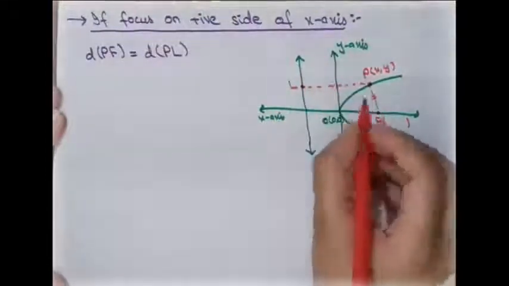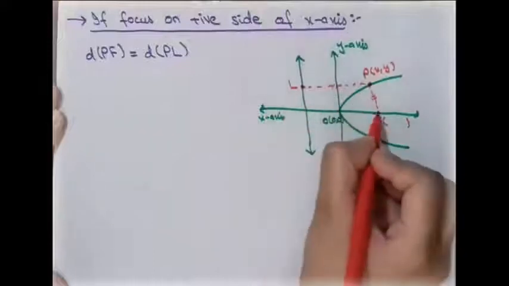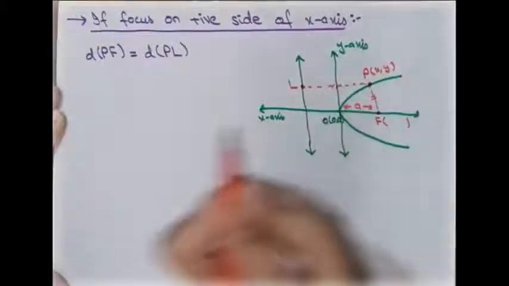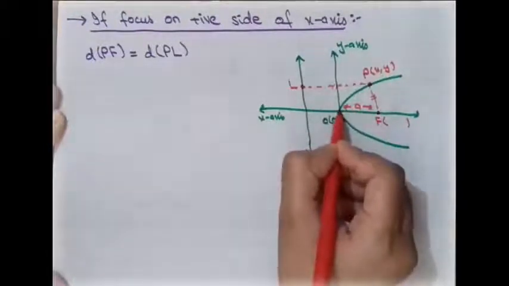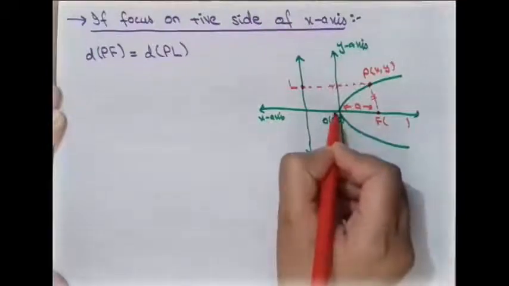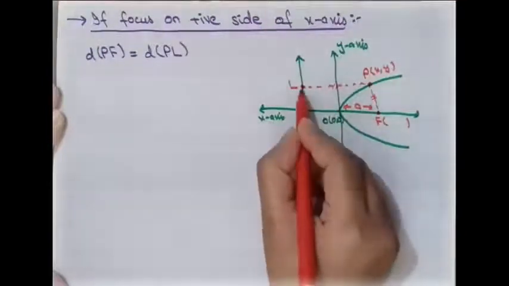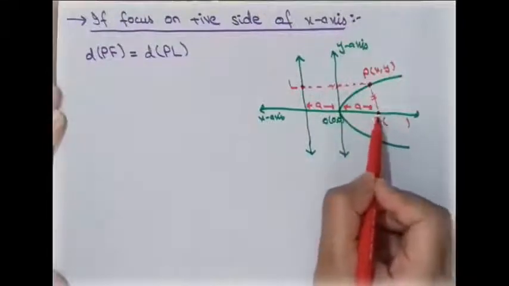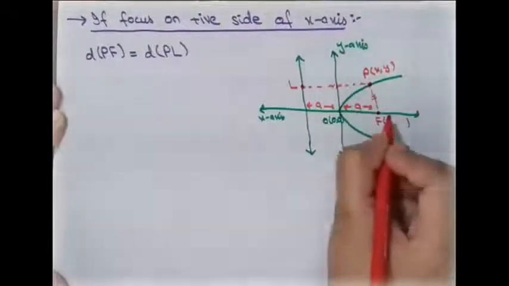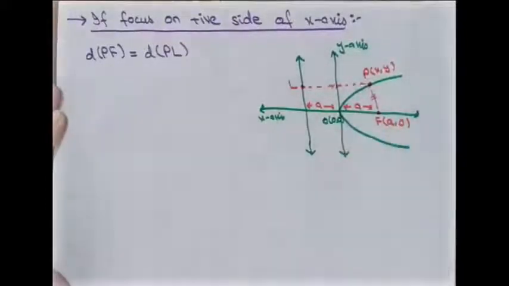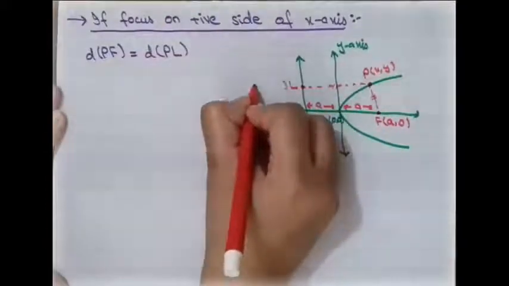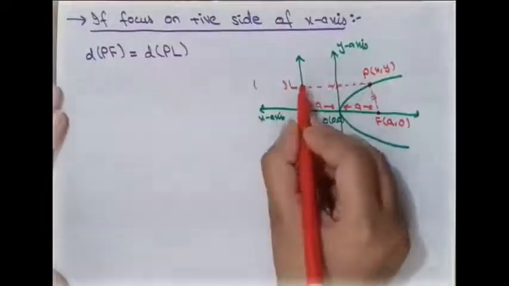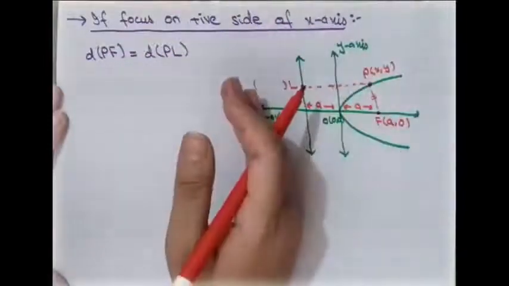Suppose the distance between the vertex and the focus is A. We already discussed that the distance between the vertex and the focus is the same as the distance between the vertex and this directrix line. So the x coordinate of the focus point is A, and the y coordinate is 0. Now it's time to find the coordinates of this point, as the distance is the same in magnitude but it is on the other side of the axis.